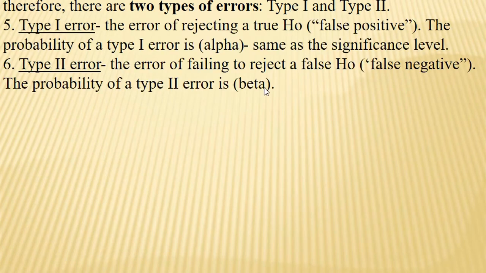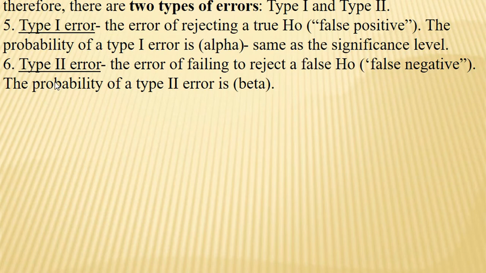So here's the definitions again from the front of your notes. A type 1 error is when you rejected a true H0. So you said I reject H0, but the H0 turned out to be true. The probability of a type 1 error is known as alpha, the significance level. So make sure you memorize that.